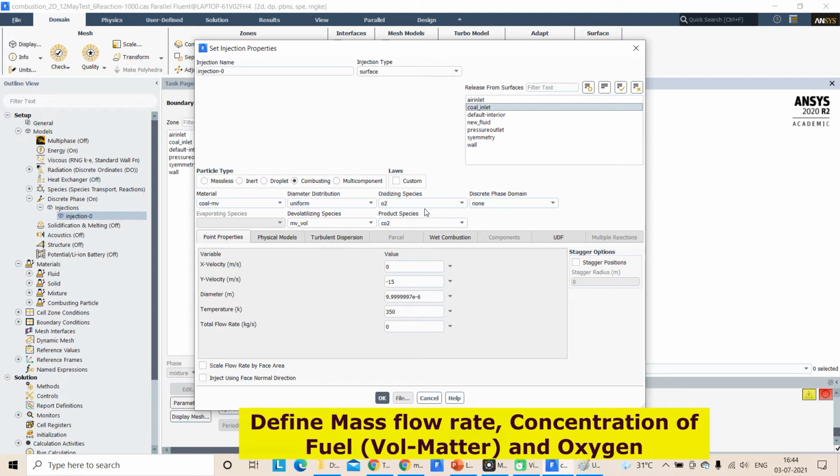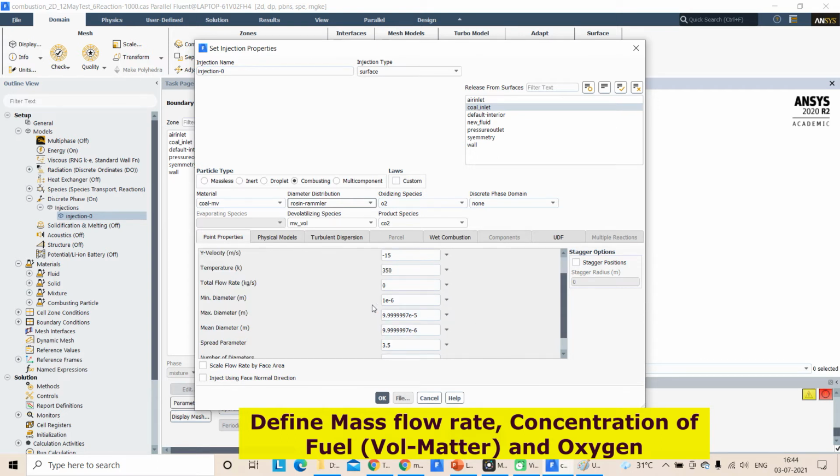I am giving a uniform particle size. If you know the particle distribution, you can use a Rosin-Rammler distribution. Rosin-Rammler distribution is based on minimum, maximum, and average particle diameter. You have to give these particle diameters. We can give the minimum diameter 5 micrometer, and the maximum diameter 10 micrometer.